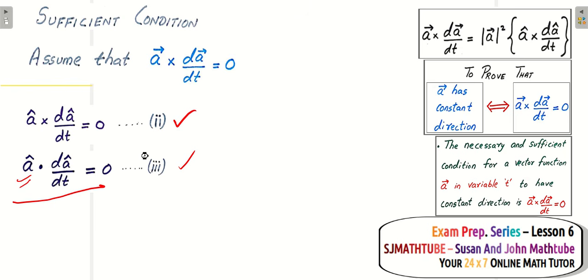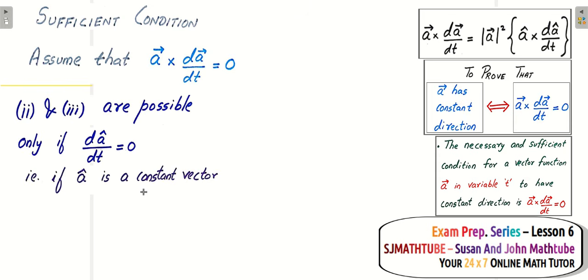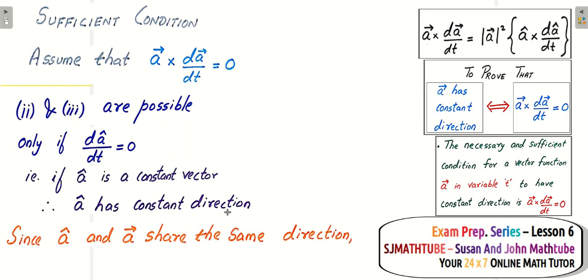So the derivative must be equal to 0. And if the derivative is 0, then this will be a constant vector. And a constant vector means both magnitude and direction are constants. But we are talking about direction here, so definitely A cap has constant direction. Now I hope you remember A cap and A share the same direction, and that implies our vector has constant direction.